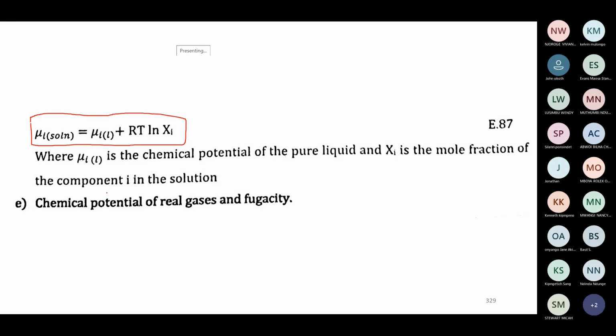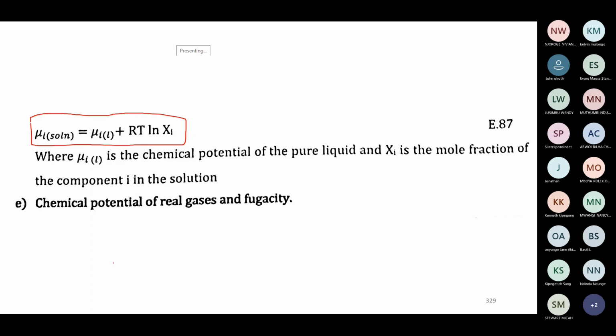Okay, so another application of chemical potential: you can find the chemical potential of real gases and fugacity. We're going to see what that is.